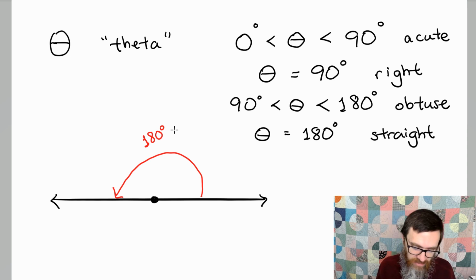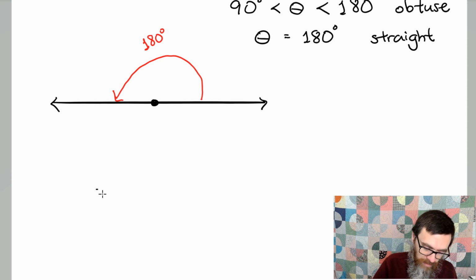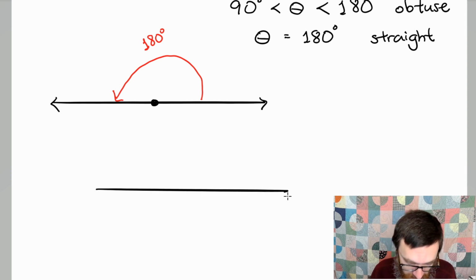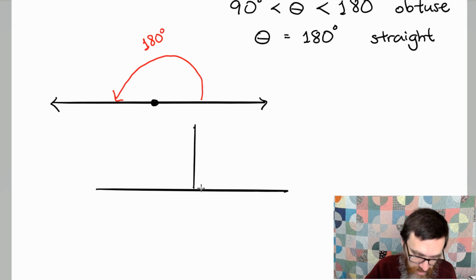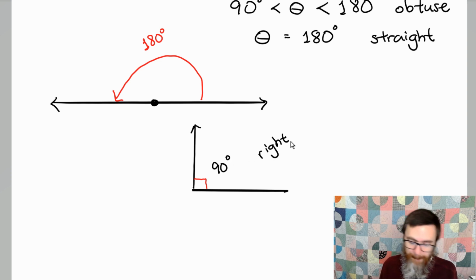Now, if I scroll down a little bit here, let me just clean this up a little bit. You don't need to see that. There we go. So this guy right here, remember the word perpendicular? A lot of times you'll even see this little symbol inside here that indicates that you have 90 degrees. And this is what we call a right angle.